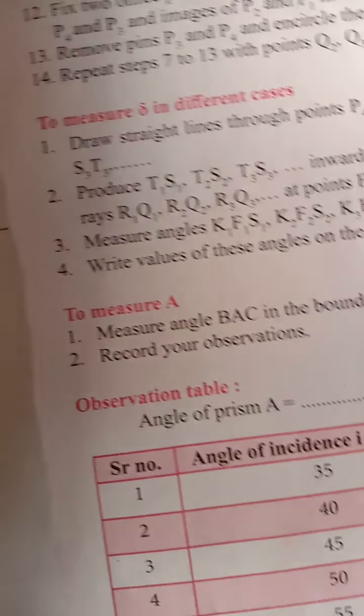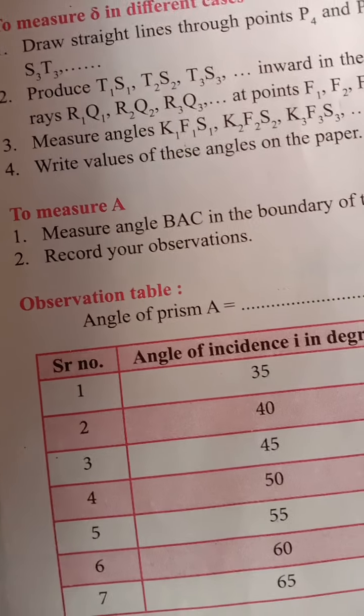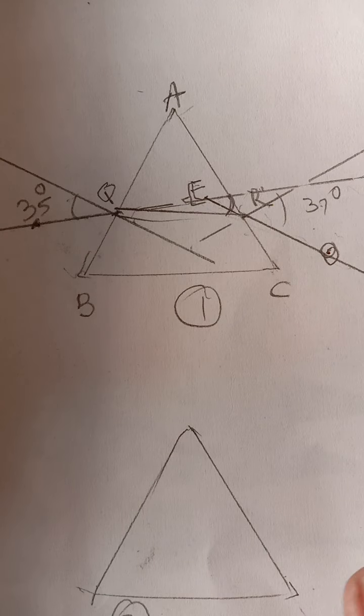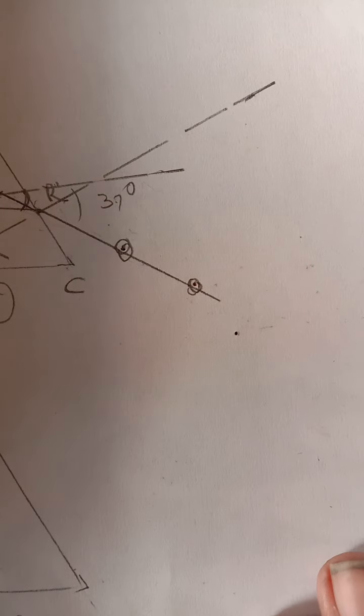If you consider the observation table here, the angle of prism A. For any one outline of the prism we can measure this angle.